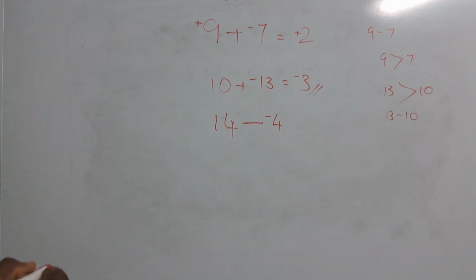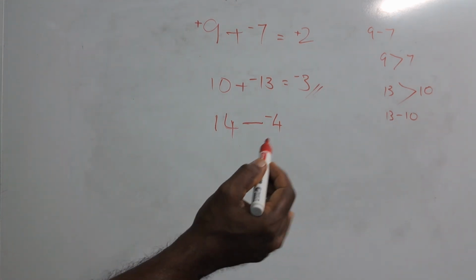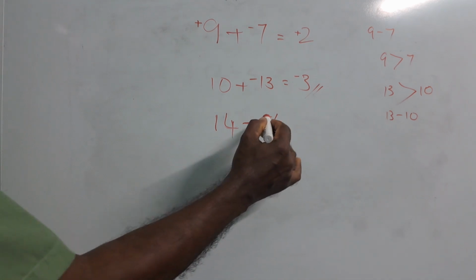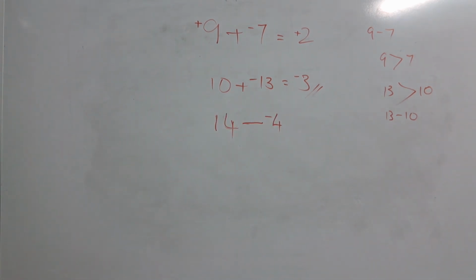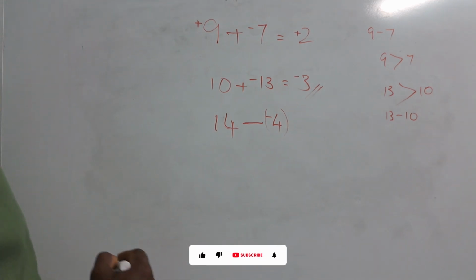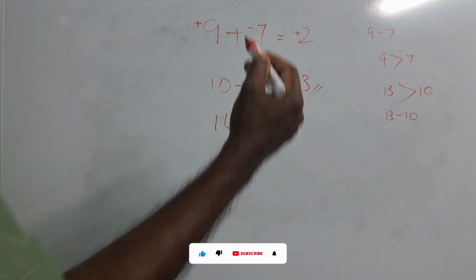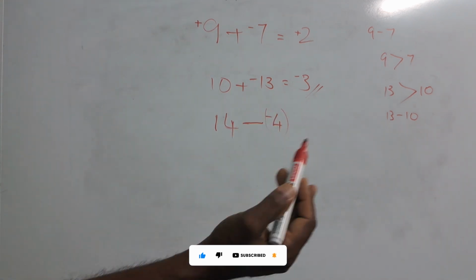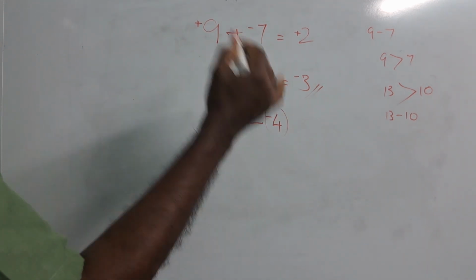To make the concept clear, I have deliberately avoided the term additive inverse. Instead, I have stated: change the sign of the second number, the number to be subtracted. That is, find the additive inverse of the number to be subtracted, or in other words, change the sign.